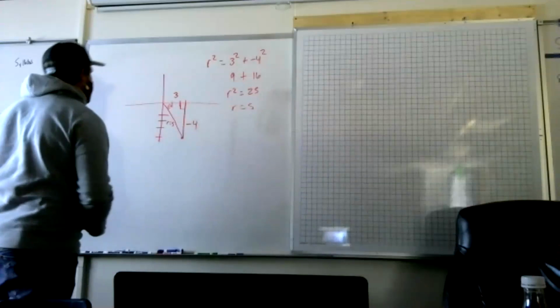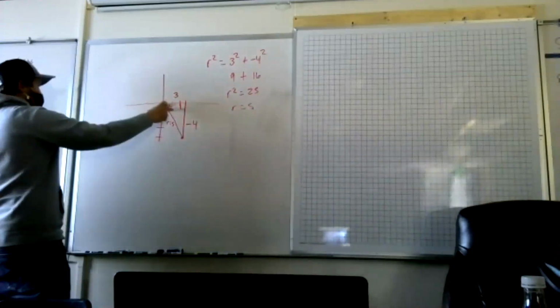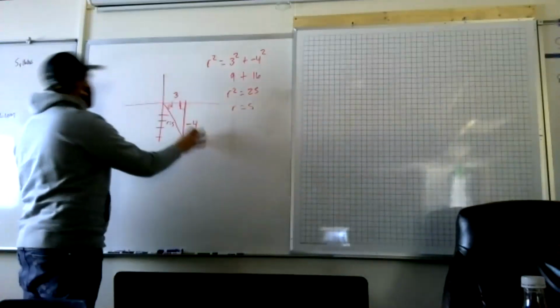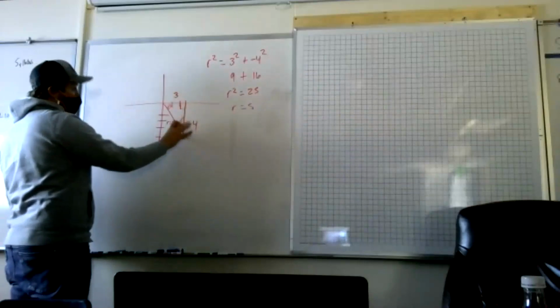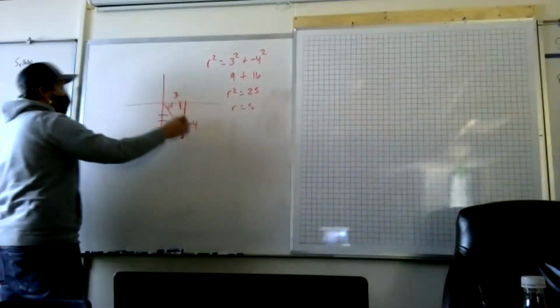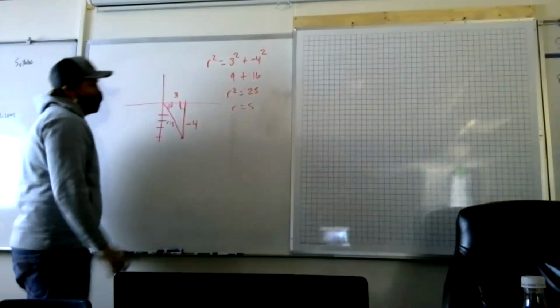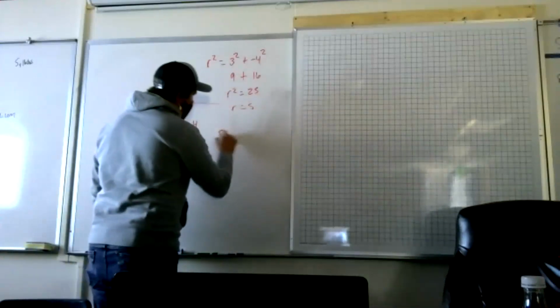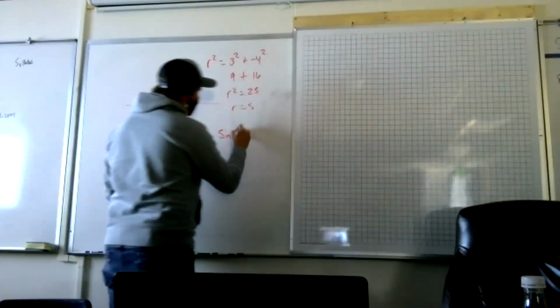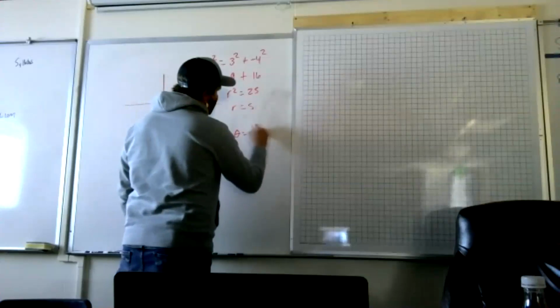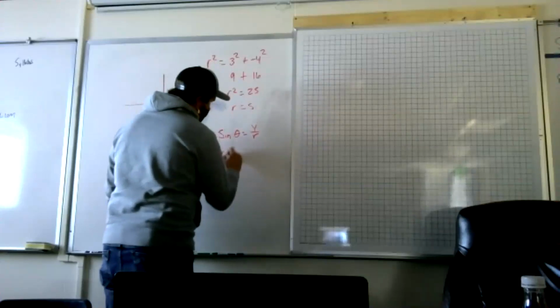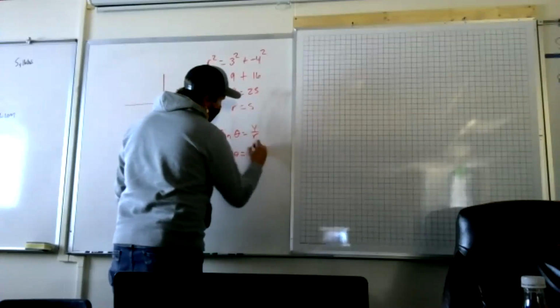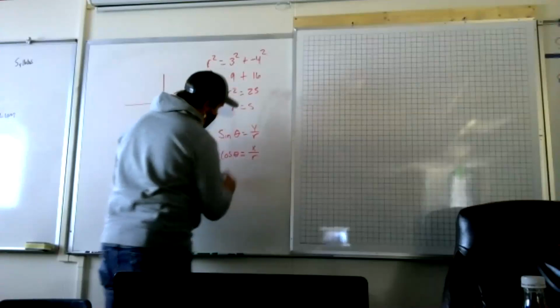Okay, now from here, since theta is there, I could look at it opposite side over adjacent, or hypotenuse, adjacent over hypotenuse, opposite over adjacent. Or I could remember that since we've gone to the coordinate plane, sine of theta is always equal to y over r. Cosine of theta is always equal to x over r.